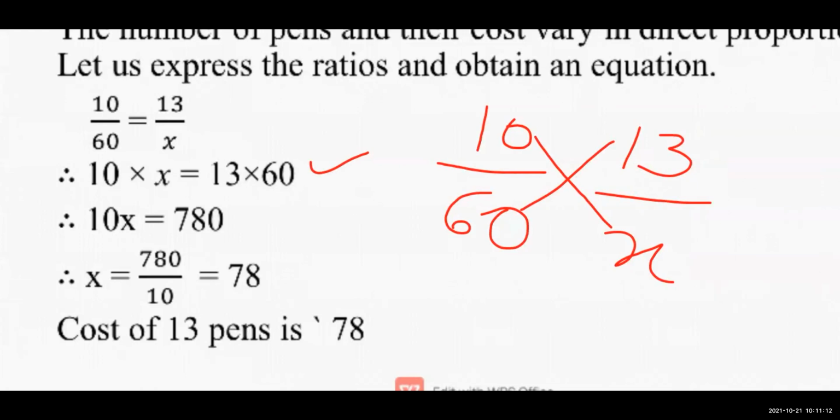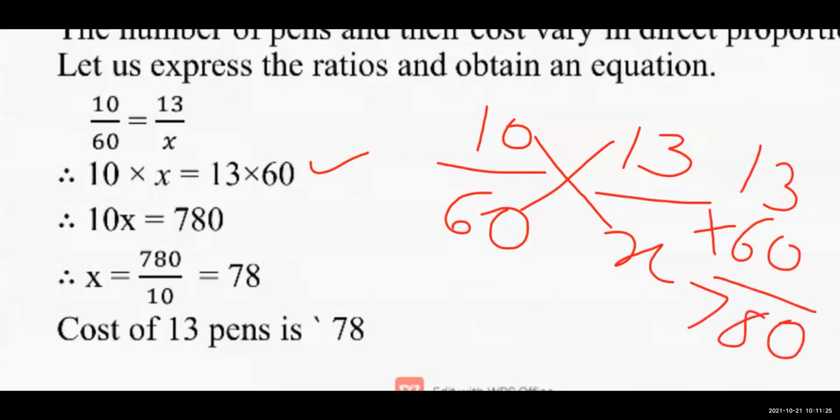Clear? Now 10 into X is 10X, 10X equal to 13 multiplied by 60. If we multiply 13 by 60, we are getting the answer 780.